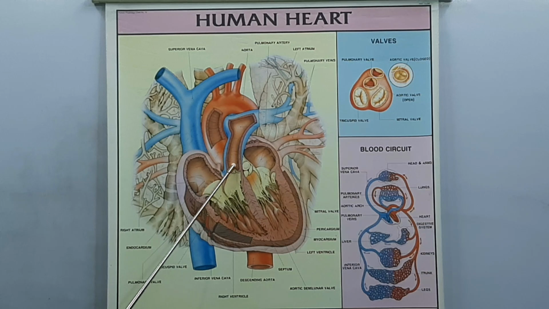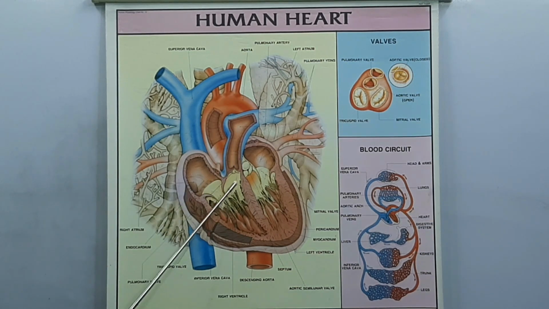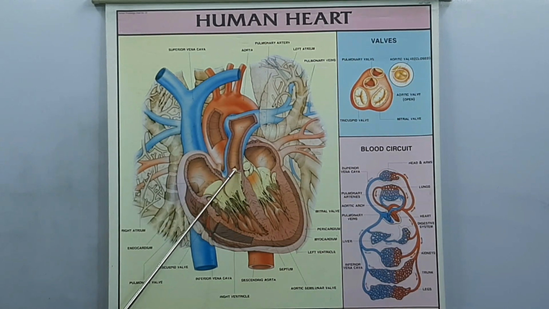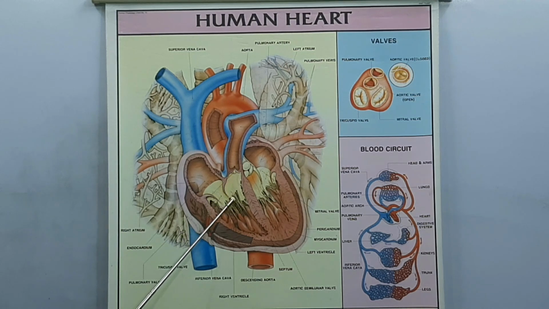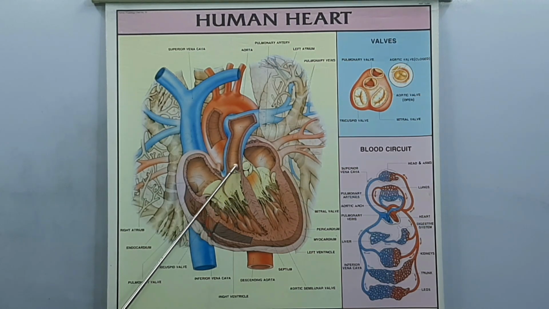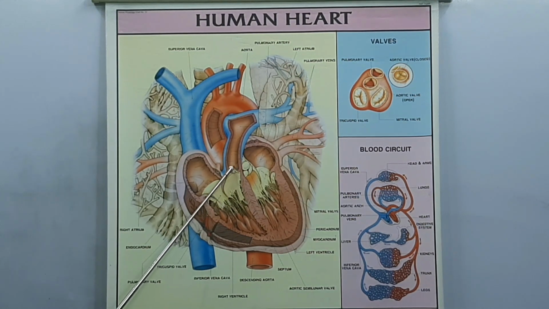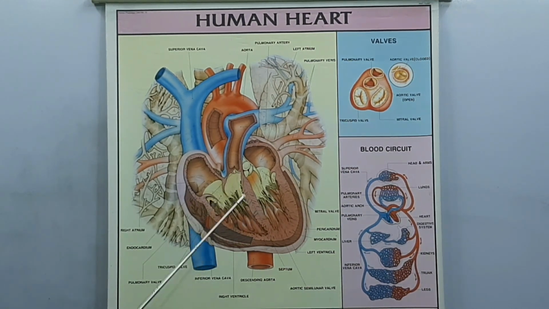This one is the pulmonary artery, and at the opening of the pulmonary artery in the right ventricle, a valve is located, and this valve is known as the pulmonary semilunar valve. And the fourth valve in our heart is located at the opening of the aorta.